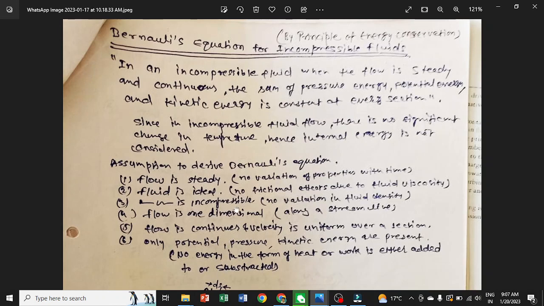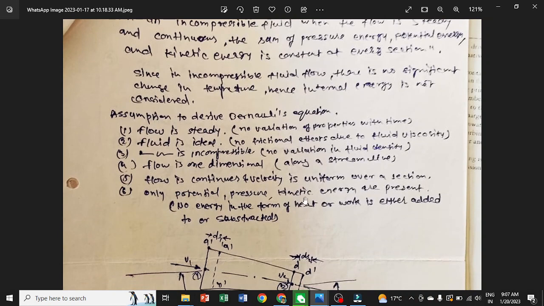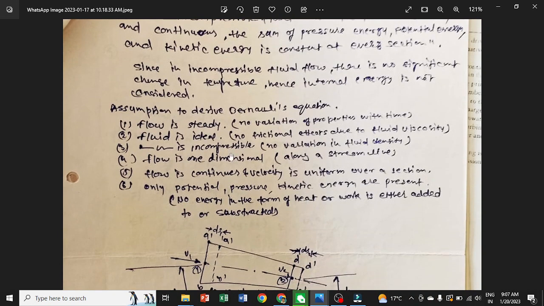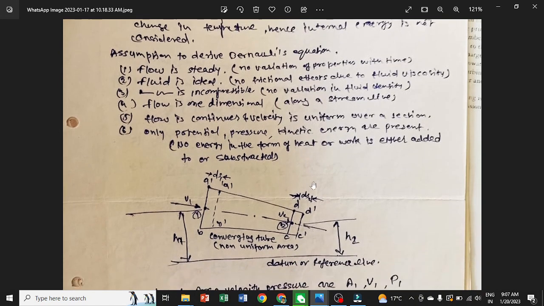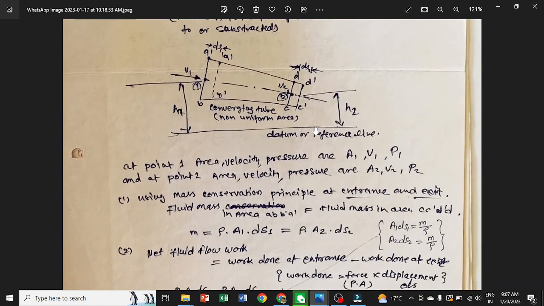There are various assumptions before starting the proof of the theory. We will discuss them later. Let's take a pipe which is a reducing diameter pipe. Let us take two sections. Section number one is A dash, B dash, A dash, and section two is C, D dash, and C dash.